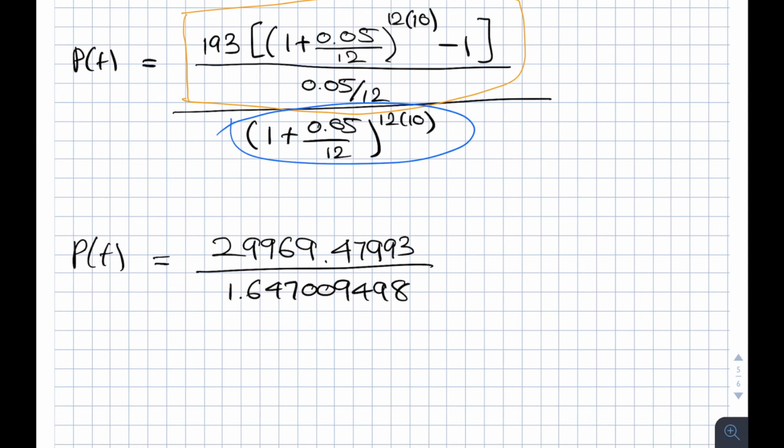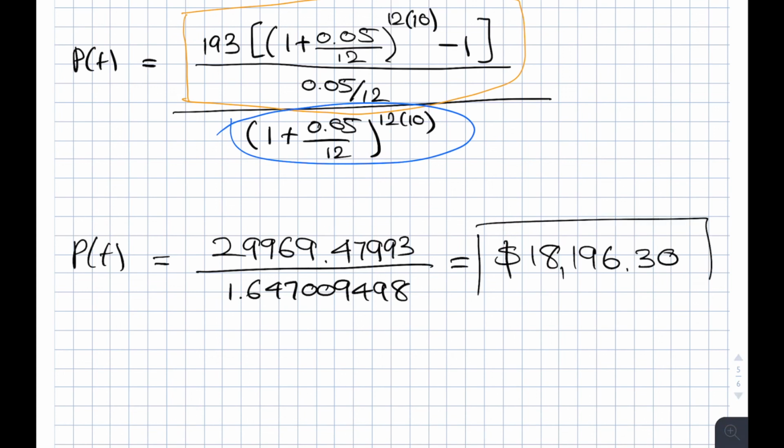Now when I'm using a calculator to find those values, I want to save those values into the calculator to avoid any rounding errors. Now dividing those two numbers gives me $18,196.30. And this is the present value of that annuity.